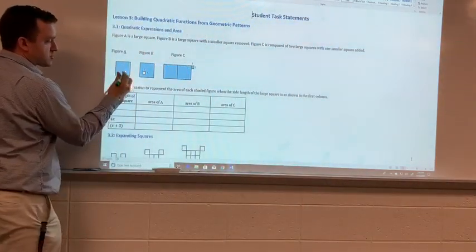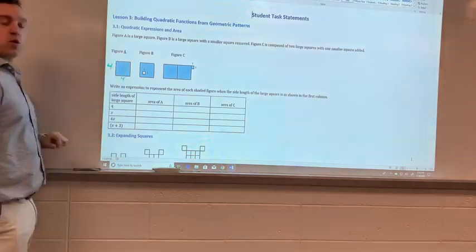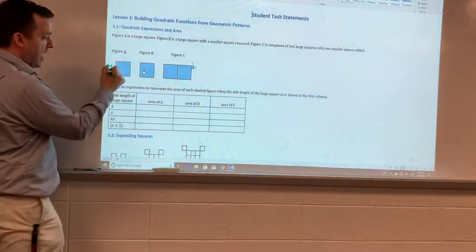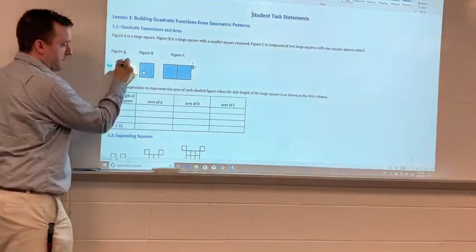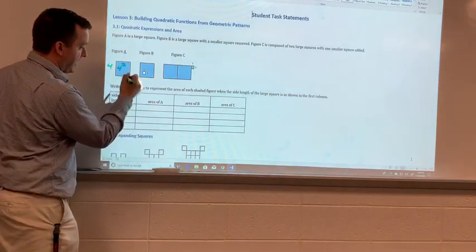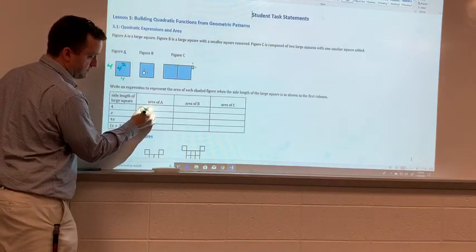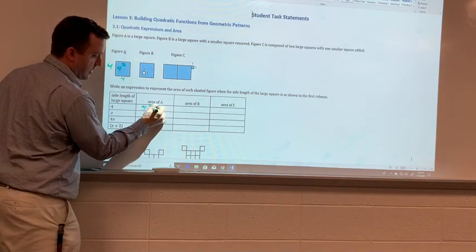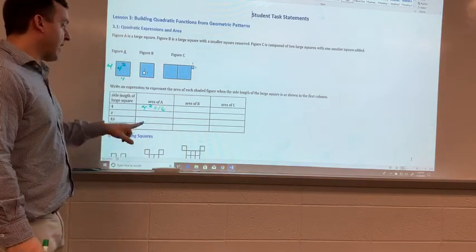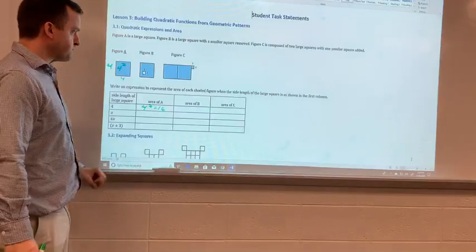So if the side lengths were 4, if this is 4 by 4, we could write this in two ways. 4 times 4, and I'm going to write that as 4 to the second power, or 4 squared, and then we could simplify that and say that is in fact 16. So 4 squared equals 16 would be my area, so 16 square units.